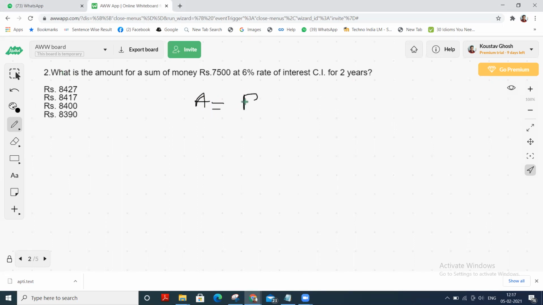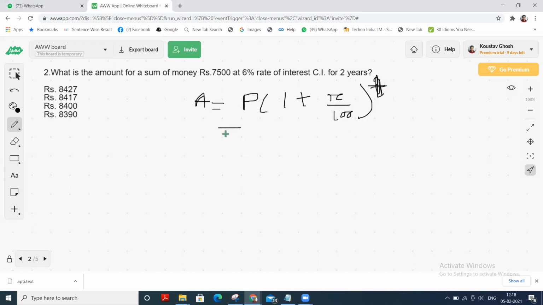Amount equals principal times (1 plus rate of interest by 100) to the power of years. How many years? 2, that means time. P is the principal value, R is the rate of interest, and here 2 is the time.